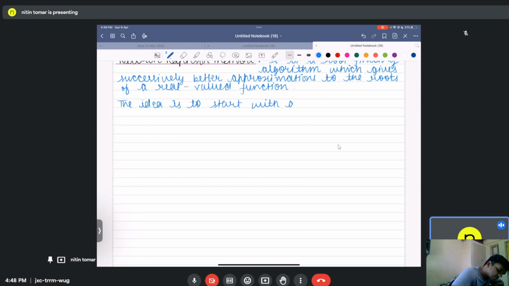The idea is to start with an initial guess, then to approximate the function by its tangent line. We'll see what we mean by it.